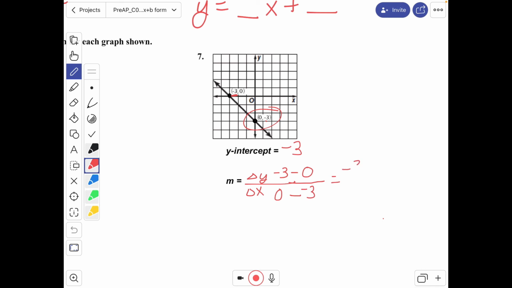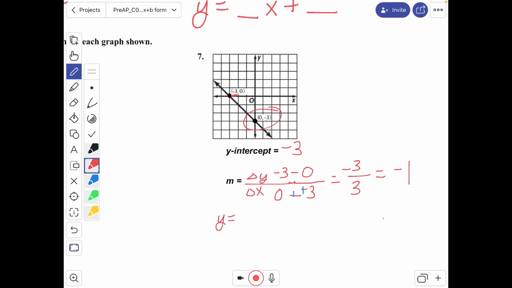Okay, -3 minus 0 is still -3. And keep, change, opposite. That makes a +3. And -3 divided by +3 would make -1.